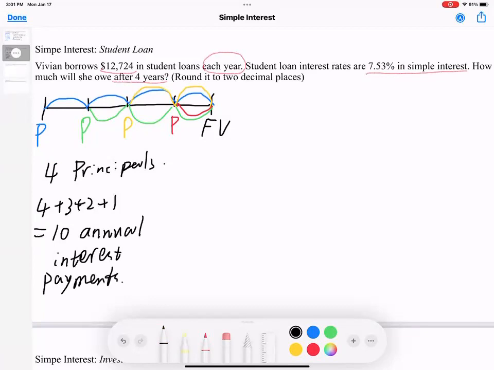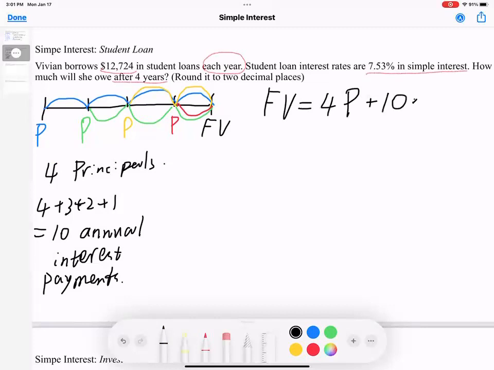So after 4 years, she'll have 4 principals to pay, together with 10 total annual interest payments. For that student loan, she'll have 4 principals plus 10 annual interest payments.